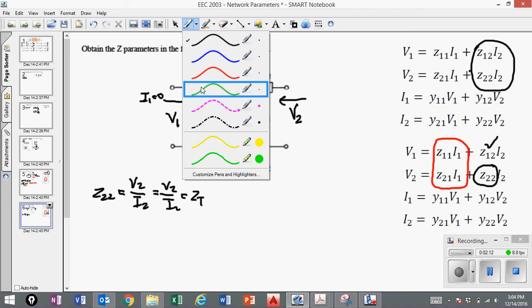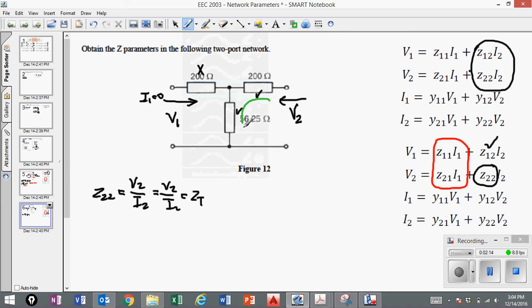Why would they be in series? Simply because the only two components that have current from V2 will be the 200 ohm resistor and the 56.25 ohm resistor, because we said that I1 we assume is equal to 0.